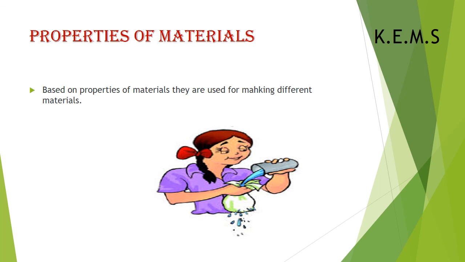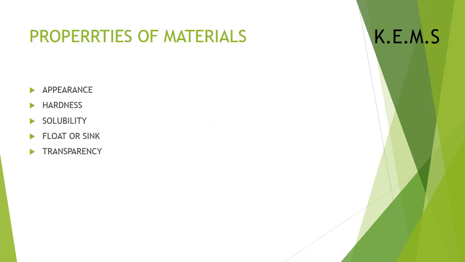Let us discuss the names of these properties. Some of the properties of materials are appearance, hardness, solubility, float or sink, and transparency. These are the five kinds of properties of materials which we will be discussing in the next class.